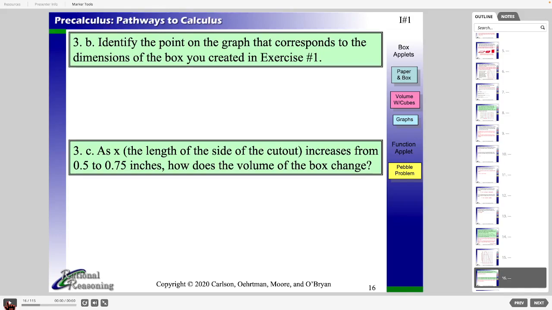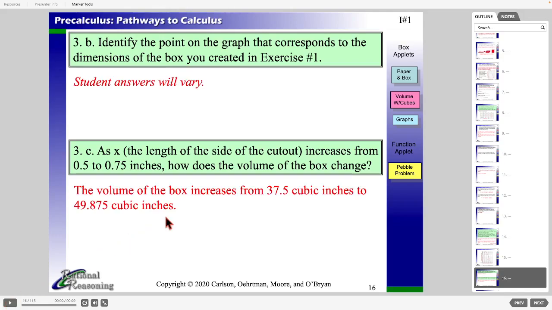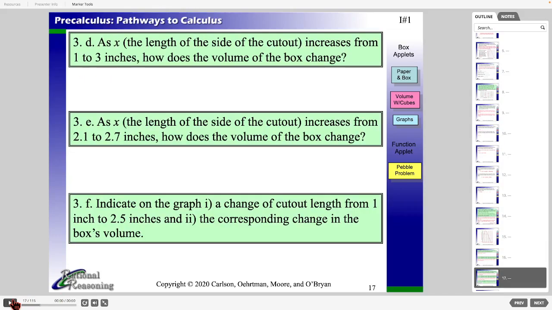Okay. So if you created a box, you could identify which one is yours, how much of a cut you did, and you can see it changes depending upon what cut. So if you did a 0.5 cut, you only had 37.5 cubic inches, but a 0.75 has greater volume. Okay.